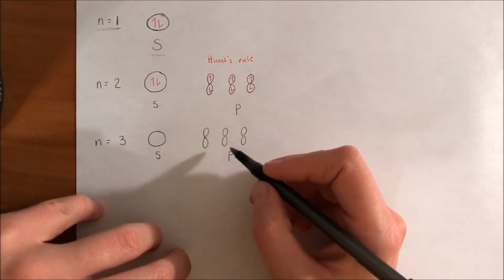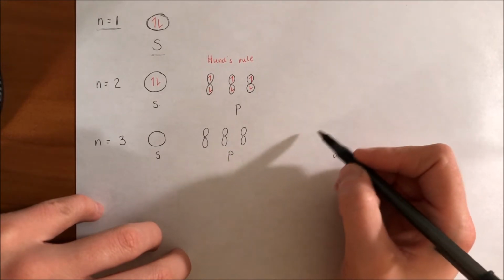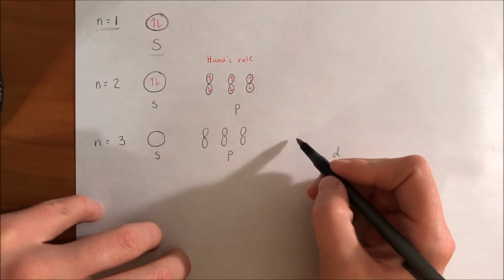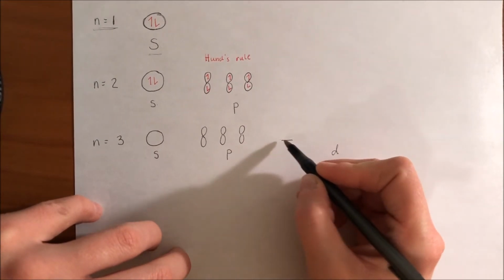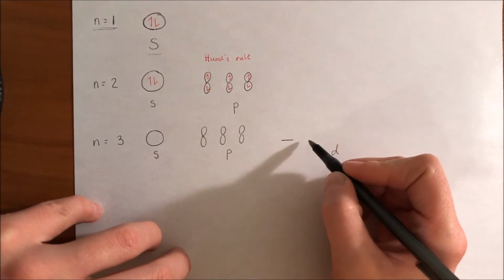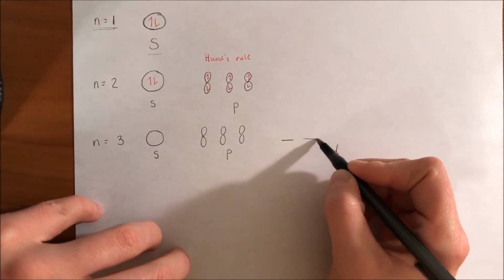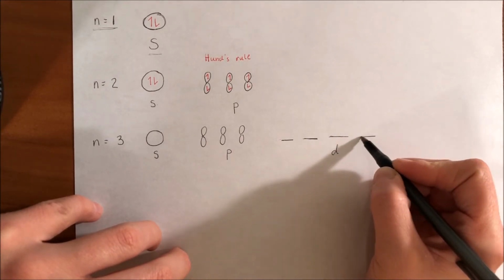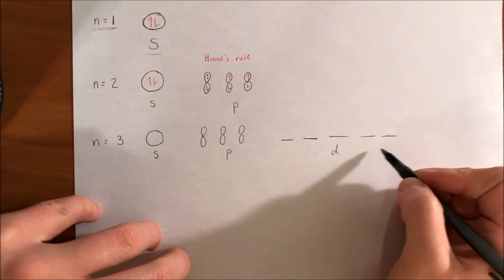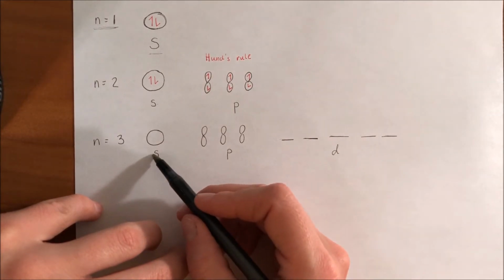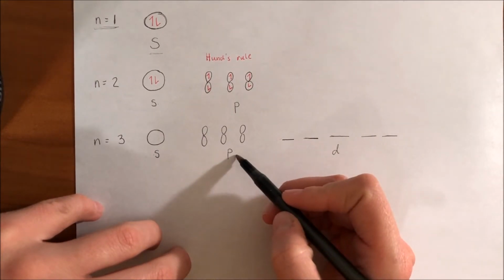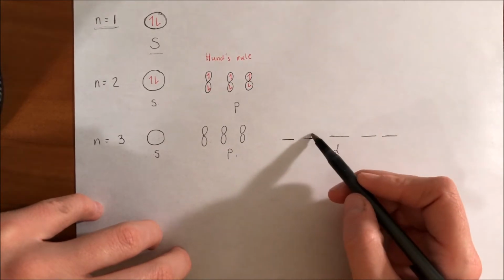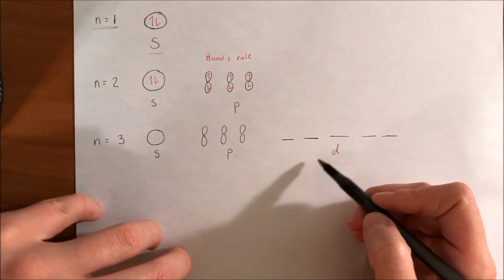Now, instead of trying to write out or draw each of the 4-leaf clovers for the D, I'm simply going to represent an orbital with just 1 small line there. So this will be an orbital, this will be an orbital, this will be my 3rd orbital, my 4th, and my 5th. So the S subshell has 1 orbital, the P subshell has 3 orbitals, and the D subshell has 1, 2, 3, 4, 5 orbitals.